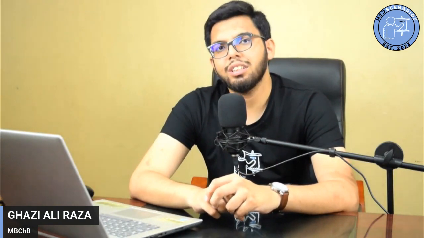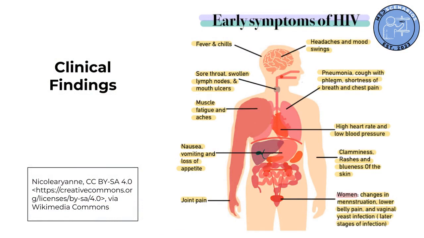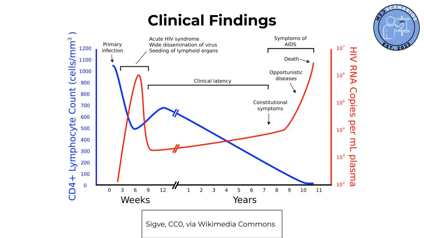In fact, if these patients come to you, it's recommended that you test patients who are more likely to be at risk of having HIV or having been exposed to HIV. As you can see, the graph here shows that there are three stages, as we had discussed: acute, clinical latency, that's the second phase, and then the third phase is the phase of AIDS.